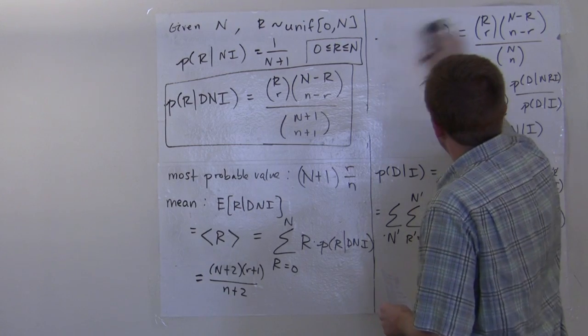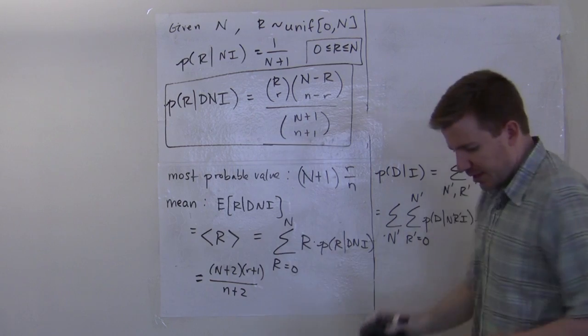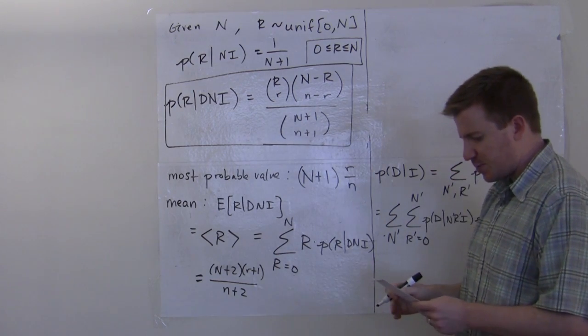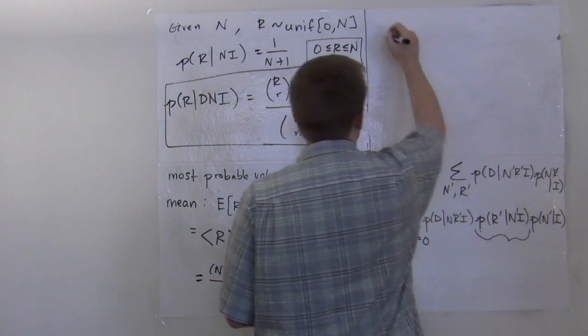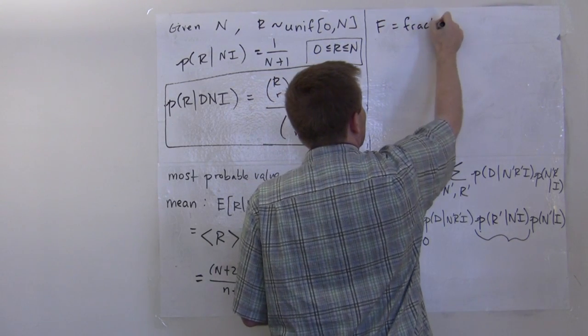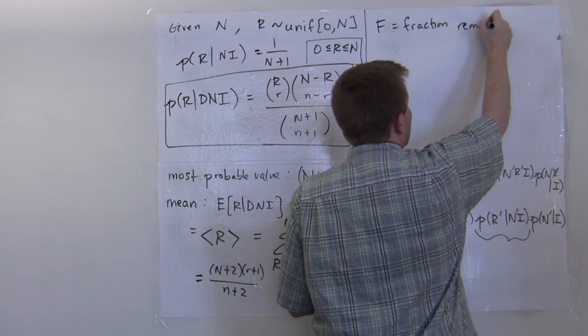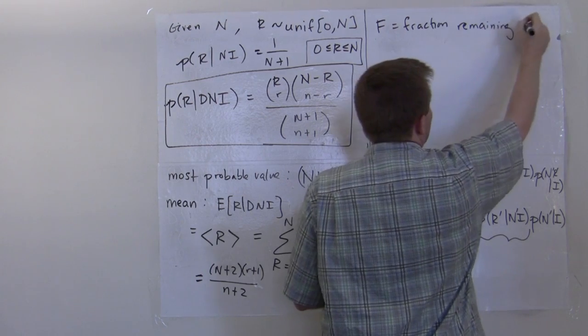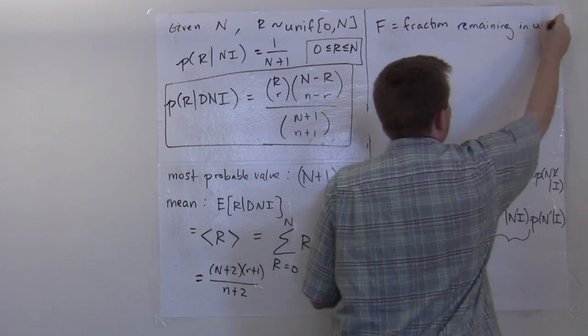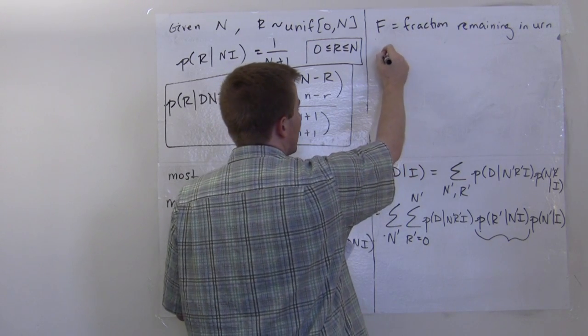strange, but it becomes a little bit nicer if you turn that into the expected fraction remaining in the urn. If you take f as the fraction of remaining balls in the urn after you've drawn some number in your sample, that's a random variable, so it has a probability distribution.